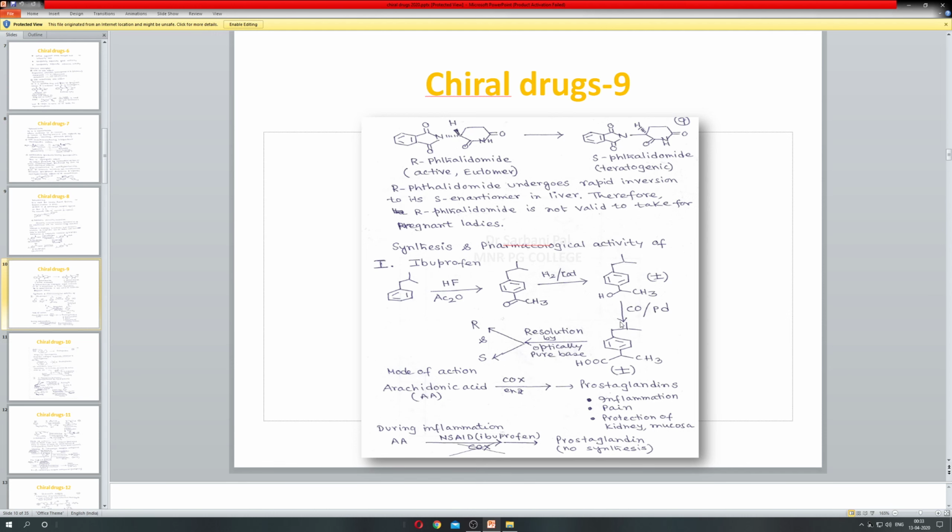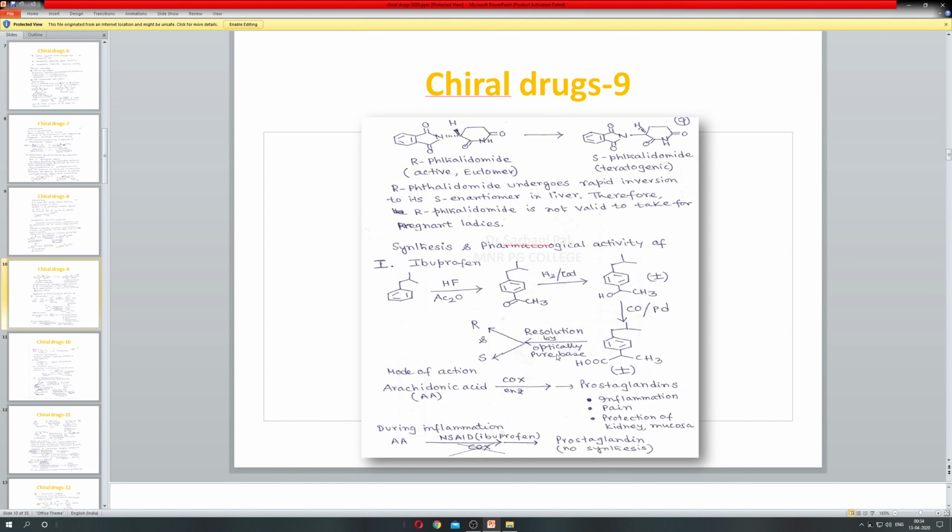Now this racemic mixture is subjected to resolution with the help of this carboxylic acid. This is the racemic mixture of carboxylic acid. To resolve this racemic mixture of carboxylic acid, we use optically pure bases.